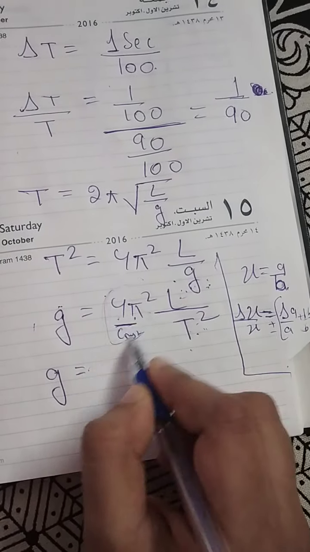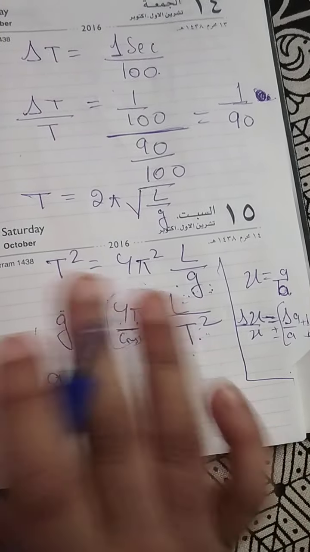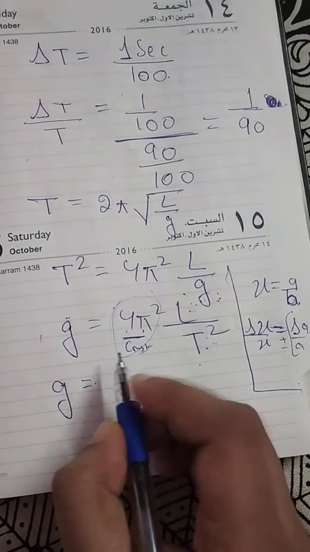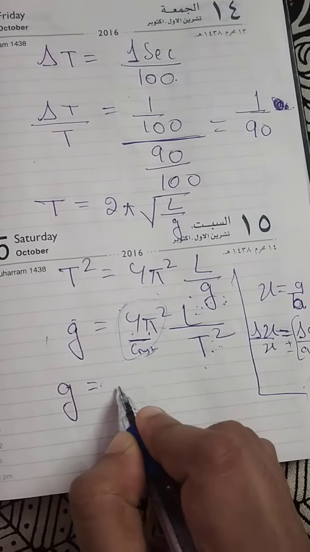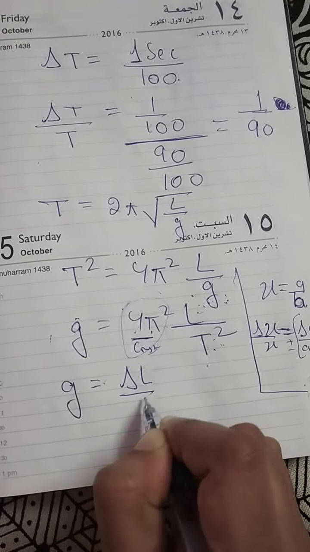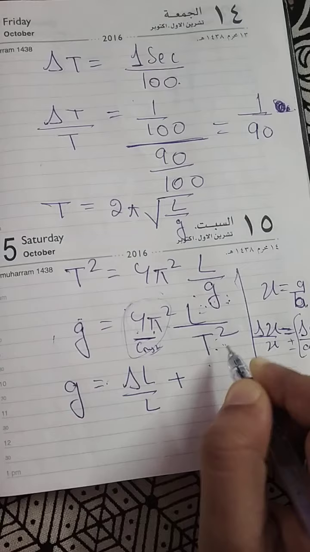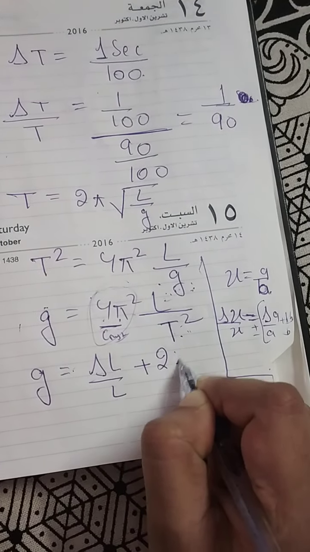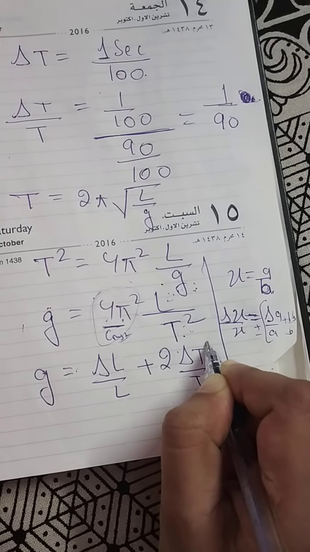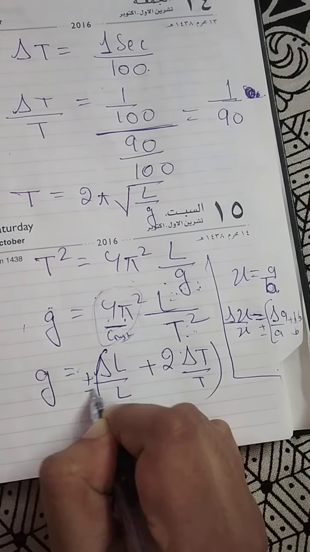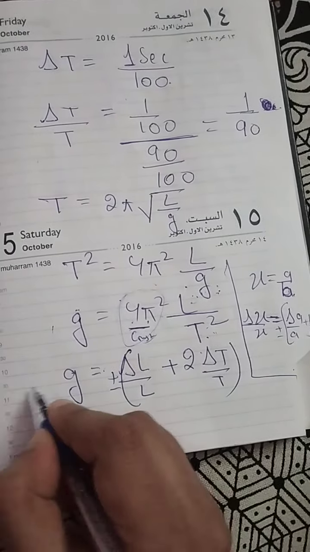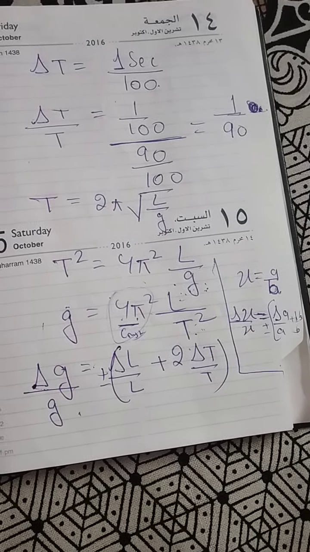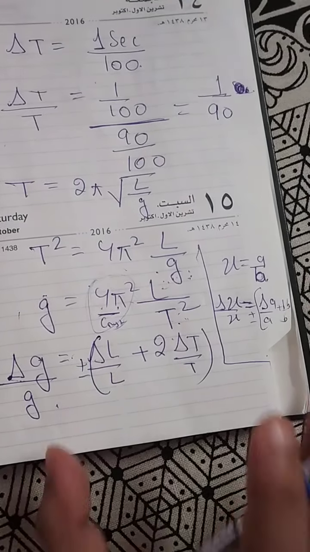So I'm just dropping this constant. I'm not taking it because it doesn't matter. A constant is a constant. You cannot find the error in constant terms. So delta L over L is my concerned value, plus, students, here is T to the power of 2, and you know that the power will come in front of the T. This is equal to plus minus, and the accuracy in the value of g will be delta g over g. Hope you understand it.